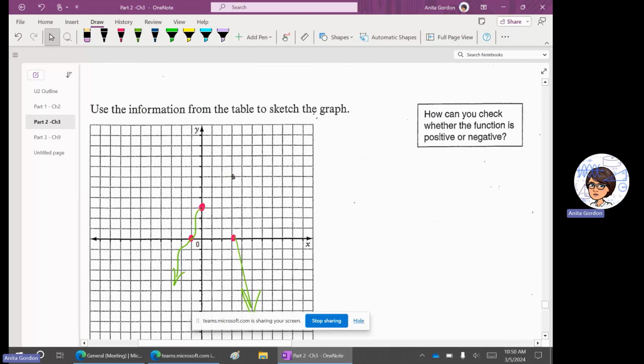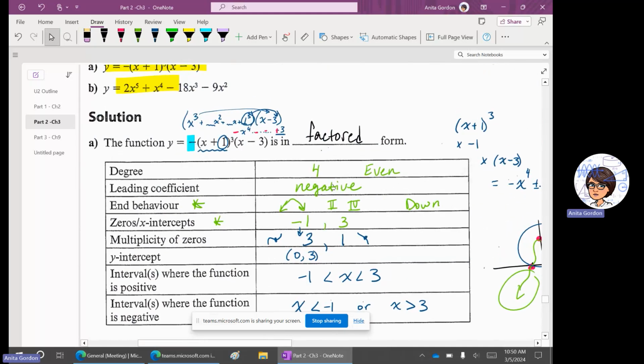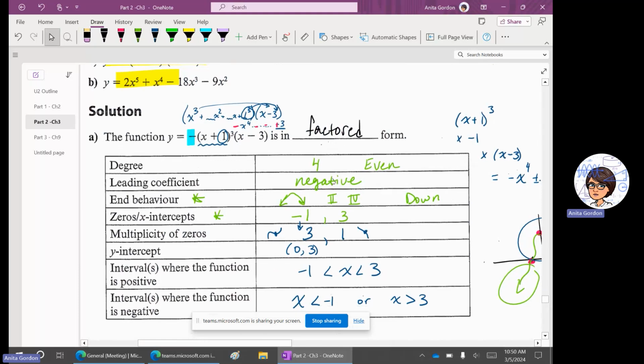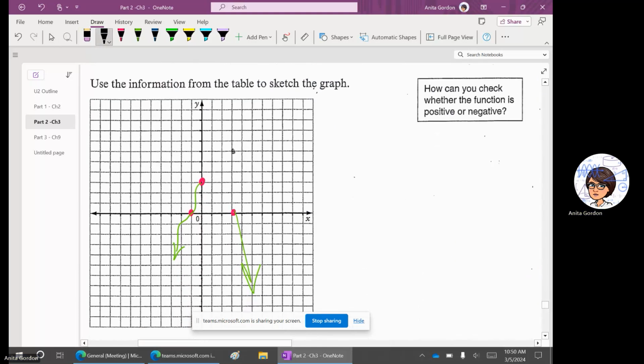We can take our function here and substitute a number just to find an extra point. So if I took my function and said x equals 1, what would y be? So let me just grab my calculator here. Y equals -1 plus 1 cubed times 1 minus 3.